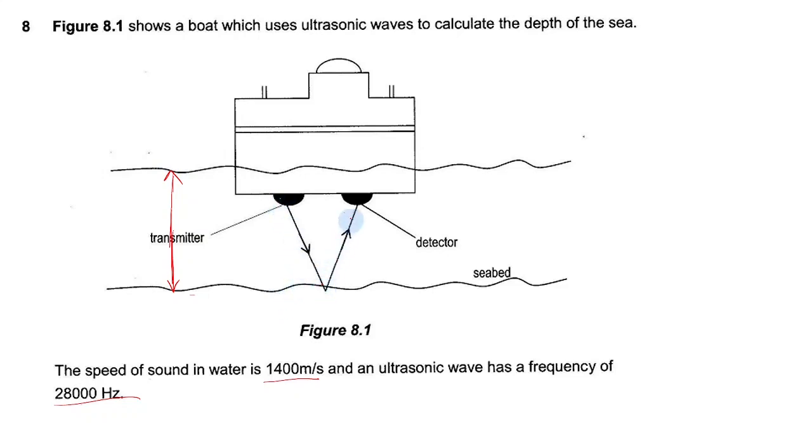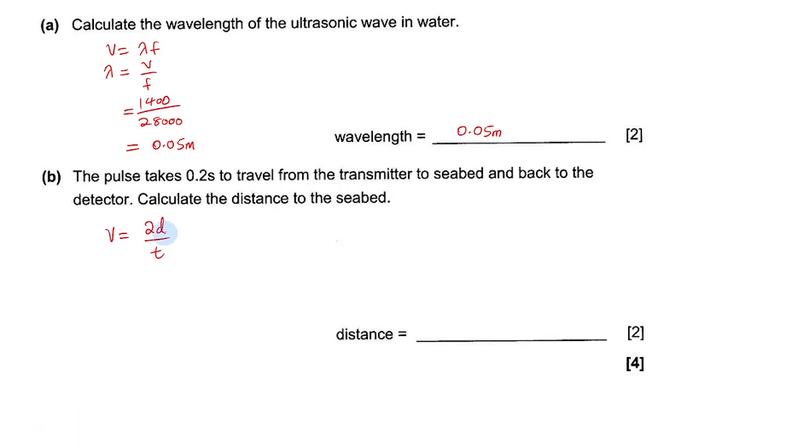It went and it came back. So the distance it moved was twice. But if we want only the distance, then it should be once. So the formula is like this. We want this distance. If we make it the subject of the formula, d is going to be v times t over 2.